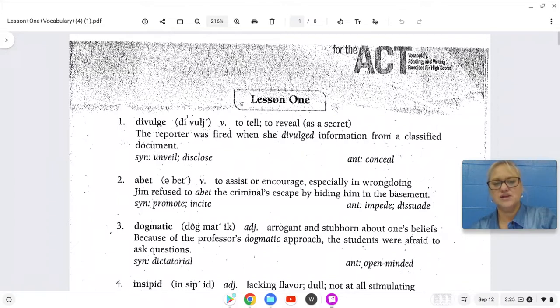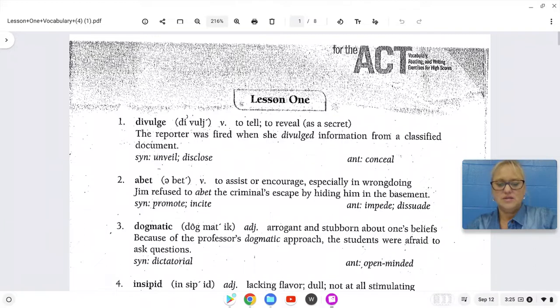And then they also usually have antonyms, which are the opposite or dissimilar. So if you don't know what the word disclose means, you don't want to use the word disclose as a synonym because it doesn't help you. The only word that you shouldn't know on your flashcard is the actual word that we're learning this week for the quiz.